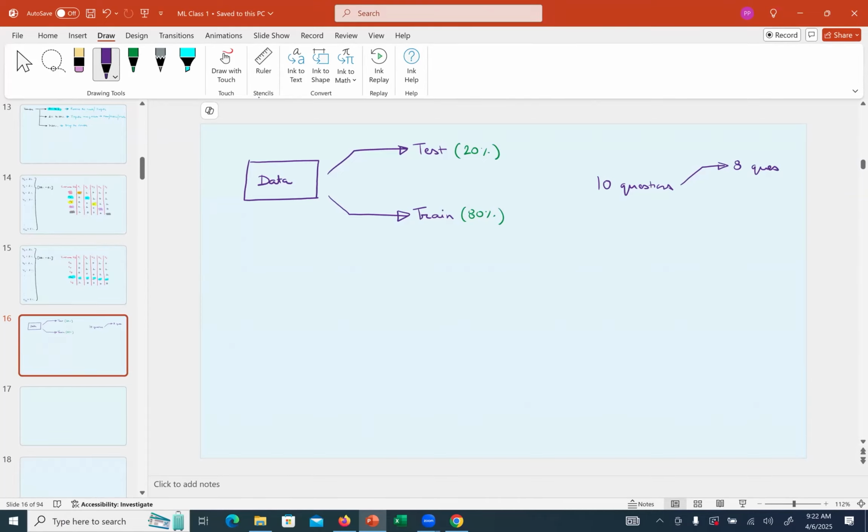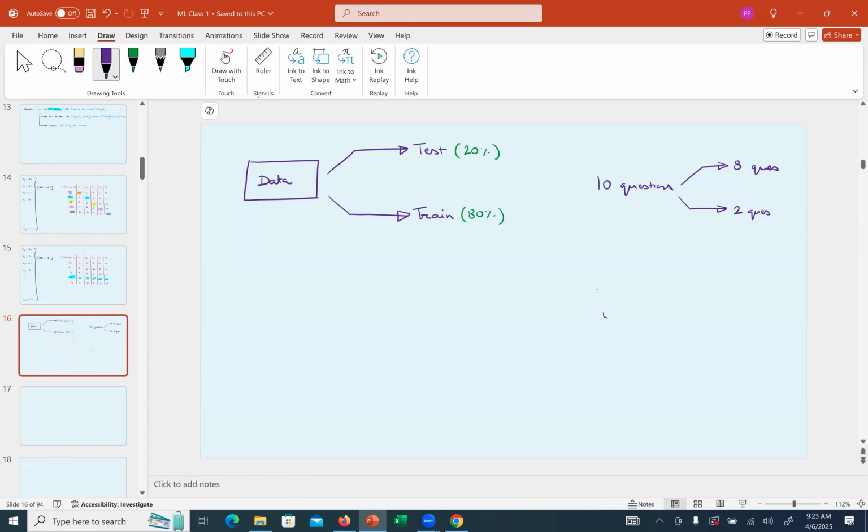And then, to check whether the students have understood the concept or not, I will take another 2 questions and ask these questions to the students. This is how we do it in general whenever we want to teach a student.